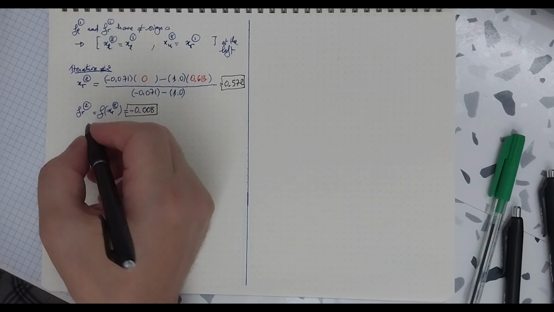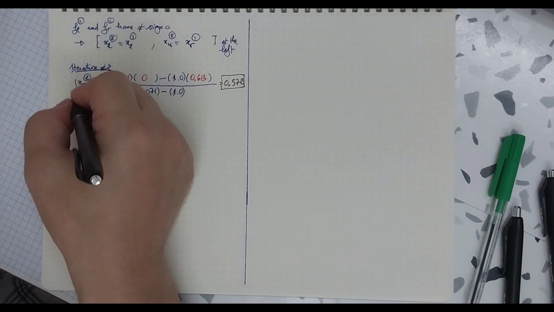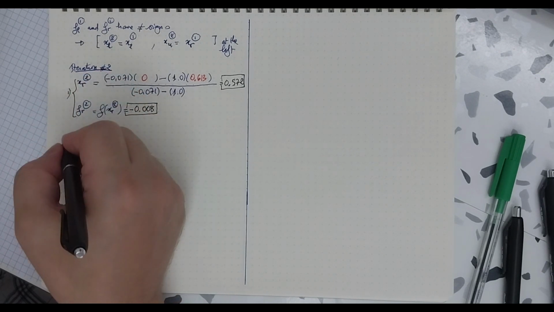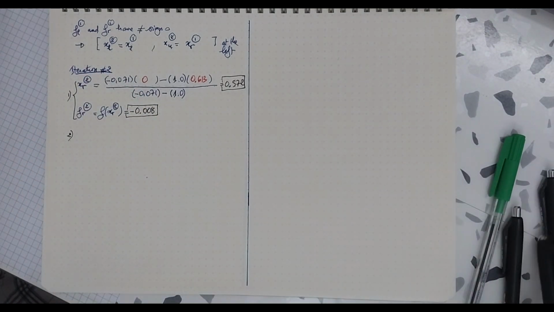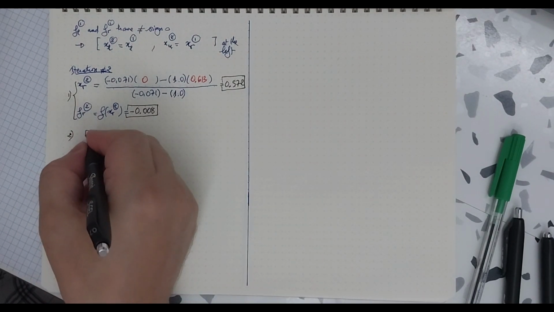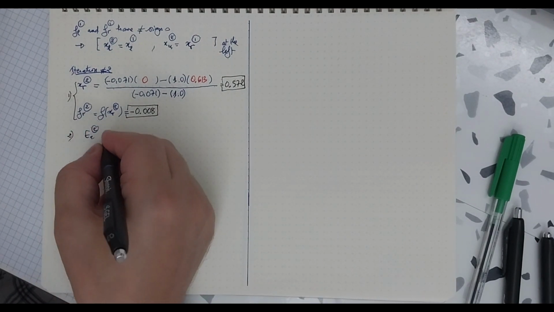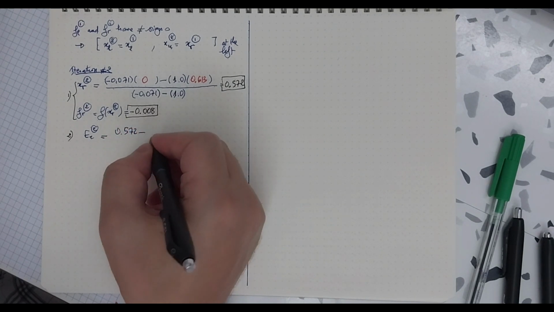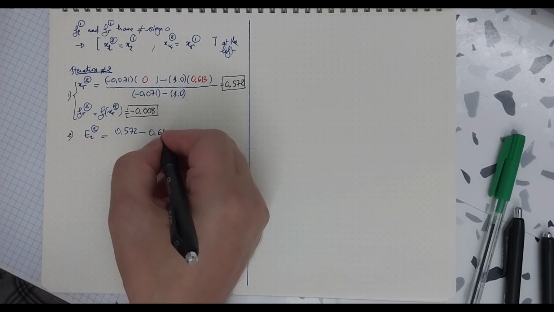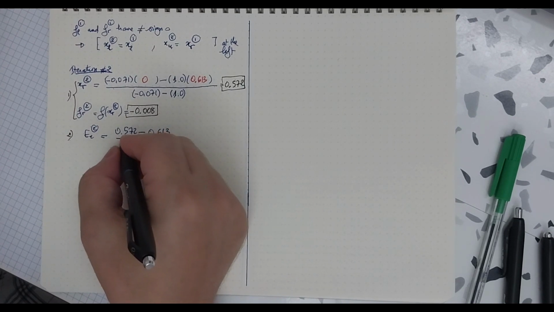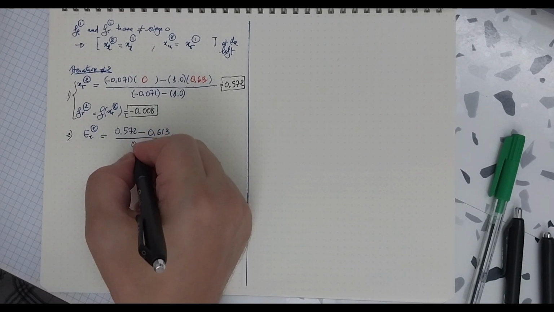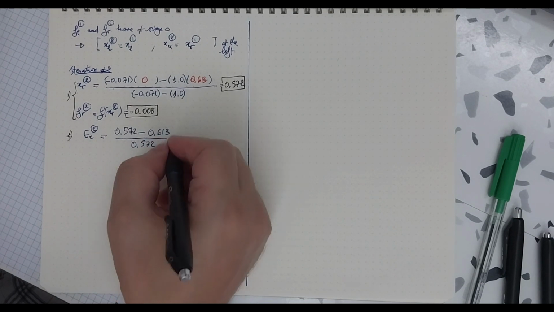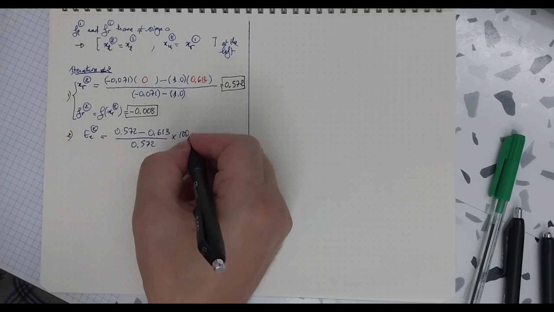We have the error. The error at the second iteration equals 0.572 minus 0.6113 over the current value 0.572 by 100%.